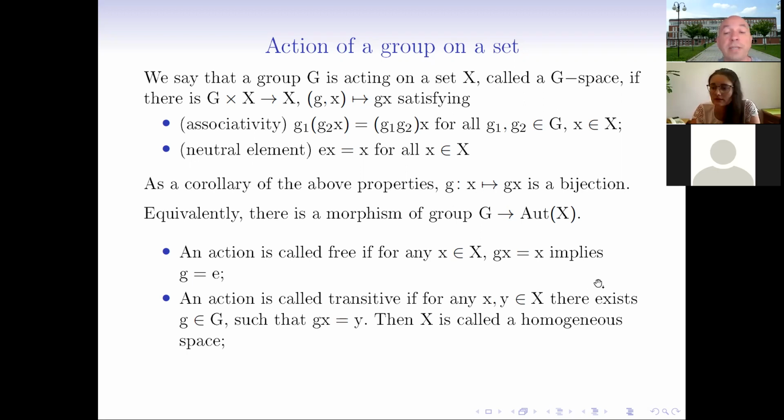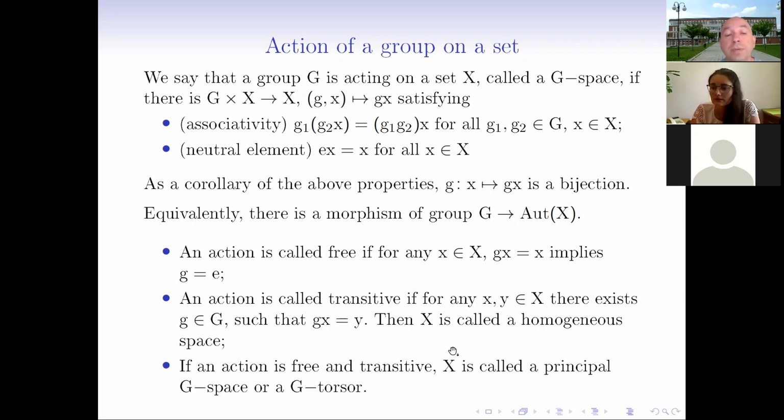An action is called transitive if elements of G can relate in the above way any two elements in X capital. So for any x small and y small in X capital, there exists g in G capital such that g small applied to x gives y. In such a case, X is called a homogeneous space.